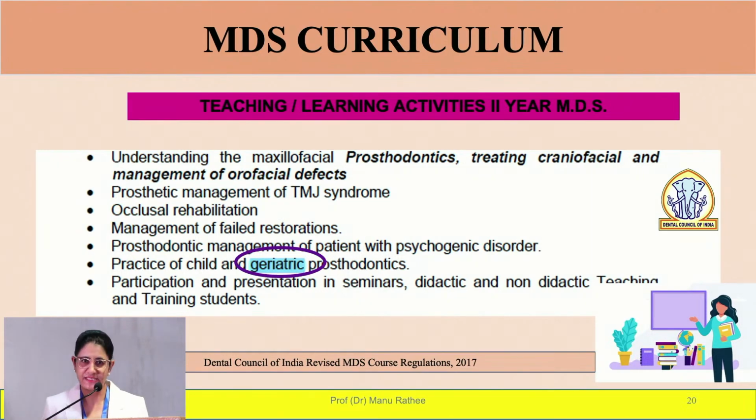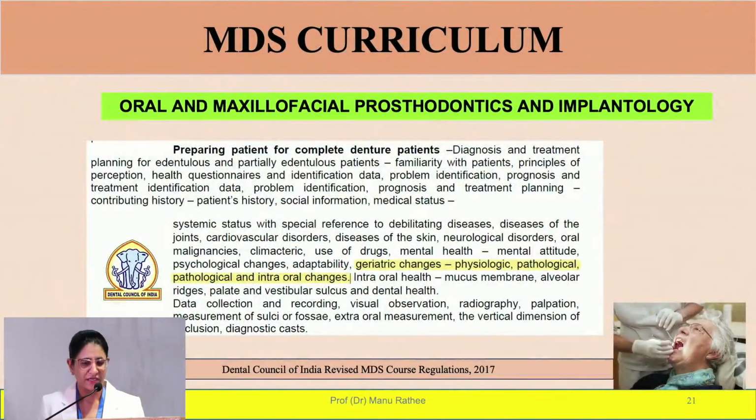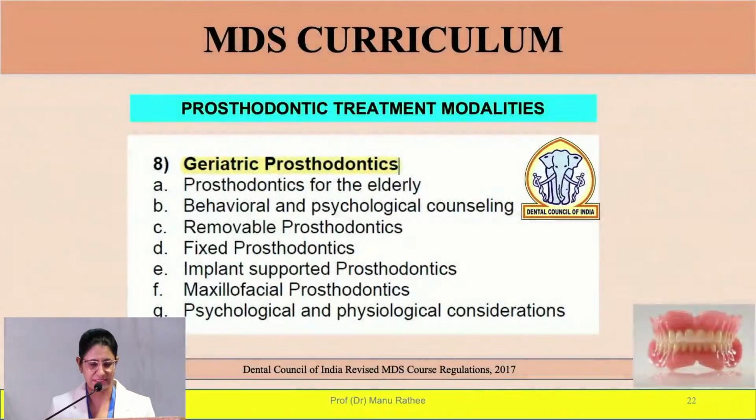So dear students, you need to pay attention to this. In MDS part 2, it has been included among the teaching and learning activities regarding the practice of geriatric prosthodontics. This is a new term that has popped up in the curriculum. As I said, it is not clearly defined, but the term geriatric prosthodontics finds a mention in the official curriculum.